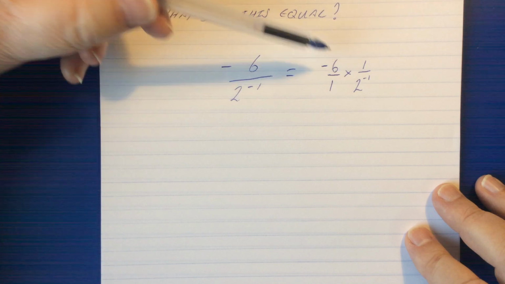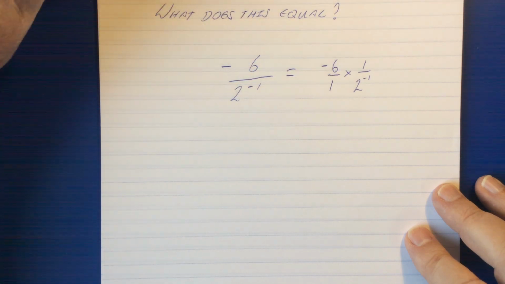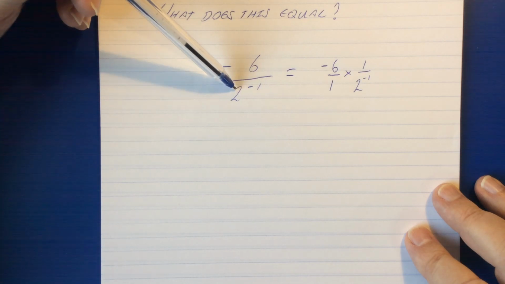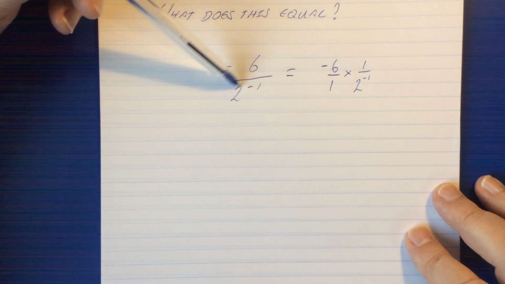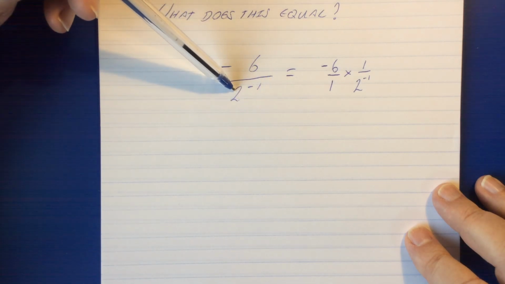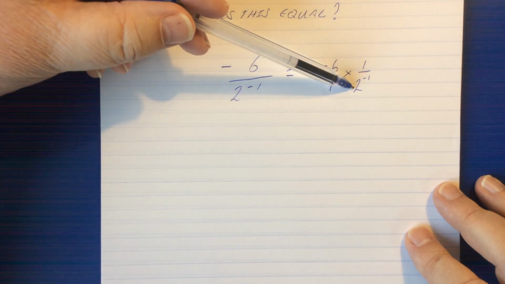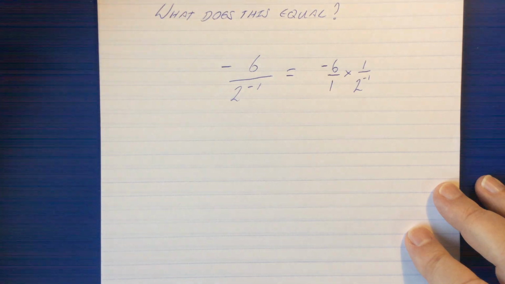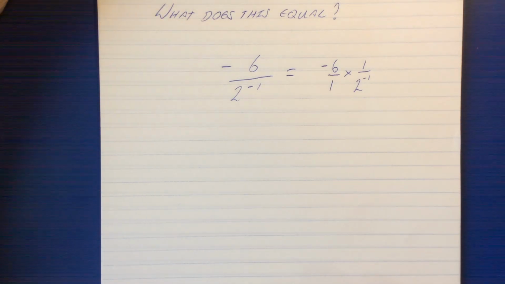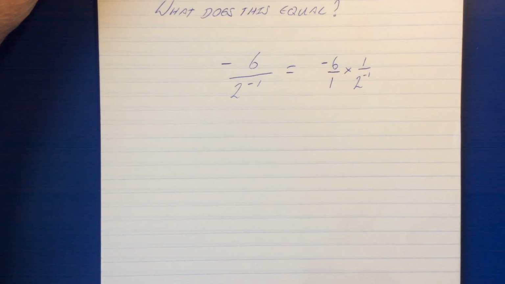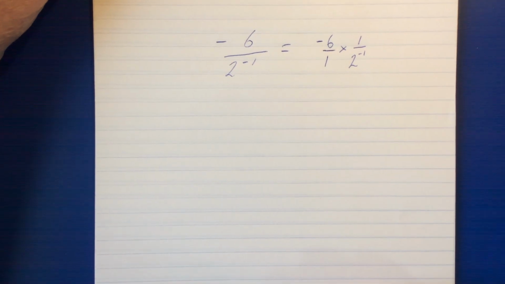Okay, so negative 6 over 1 is just negative 6. That's not a big deal. 2 to the power of negative 1 is the denominator here, and it can be written separately as 1 over 2 to the power of negative 1. So, provided you're happy with that, we'll move along.